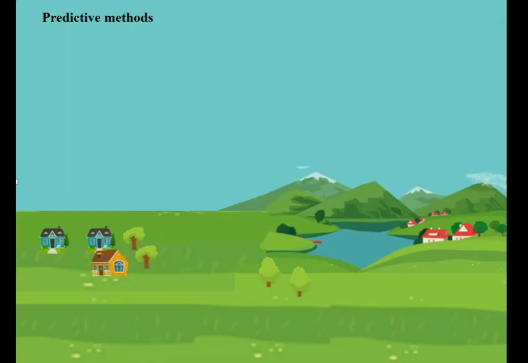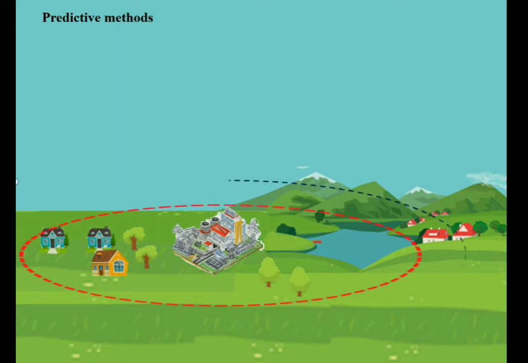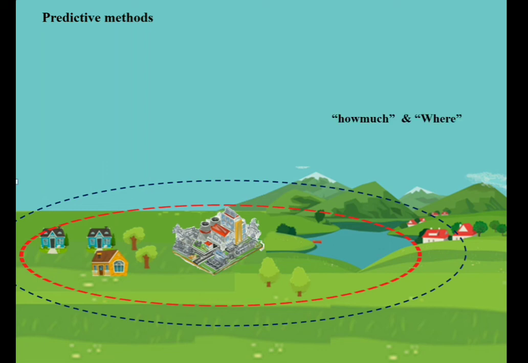Which means that in this particular site where a new industry is coming, the impact should be measured on how much depth this particular impact is going to happen, or into how much area it is going to happen. So in the predictive method, we get the answer for how much and where this particular impact is going to occur. That is the second thing, the predictive methods.